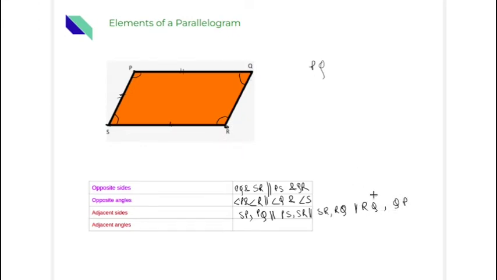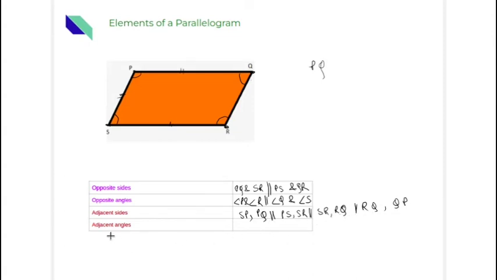These two are adjacent because they have a vertex in common. The vertex is Q. Now QP and PS. QP and PQ is the same side only. We have written PQ, and QP is the same side. It is adjacent with PS. So ultimately we have written all the adjacent sides.